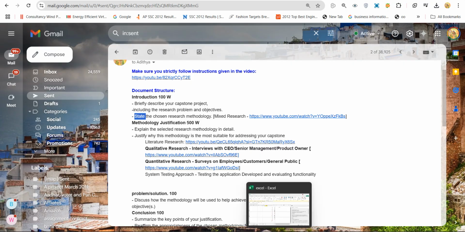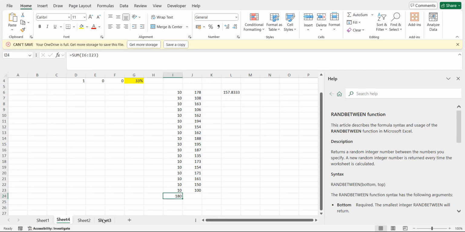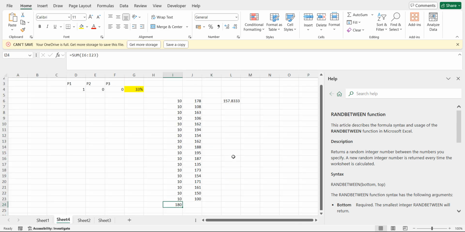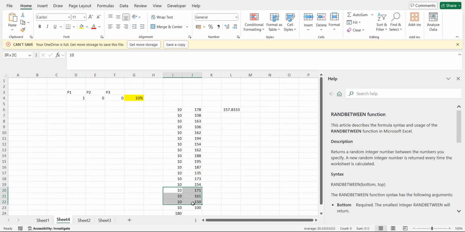Say for example, I will quote you an example here. So this is one small sheet. Say for example, here we have some sort of data, and we are conducting research on 10 people. Okay. So these are 10 people. These 10 people we are asking.